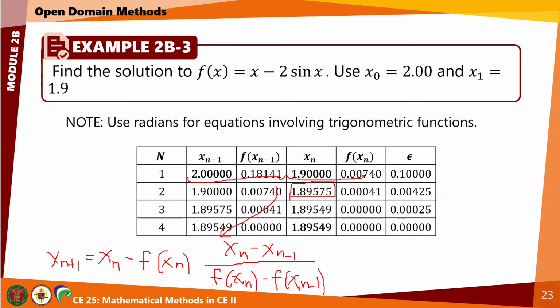Kung ano man yung result ng equation natin, ito na yun. Siya na yung current guess natin. And then yung previous guess is yung current guess ng last iteration. Okay, and then itong absolute error na to is yung difference nitong dalawa. So, 1.9 minus 1.89575, I get 0.00425. Okay? And then you just repeat the process. Solve mo yung function value dito sa 1.9. Basically, isa-substitute mo sa function, makuha mo to.